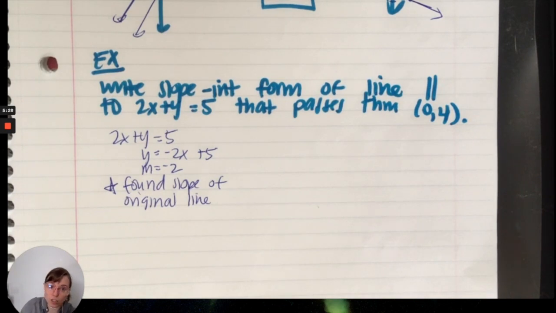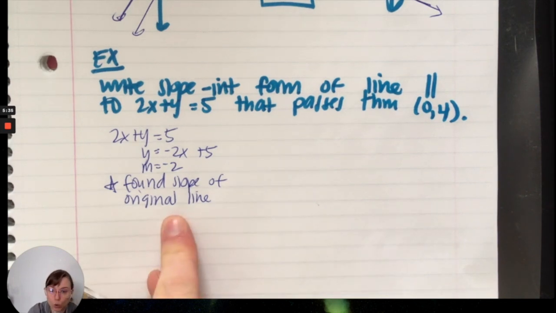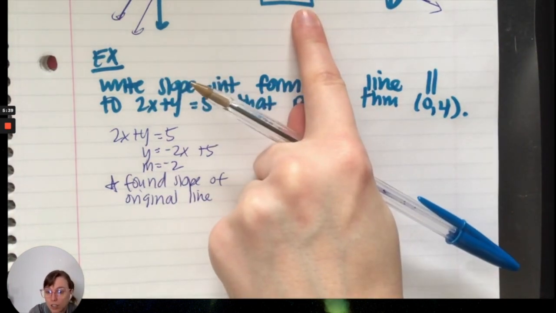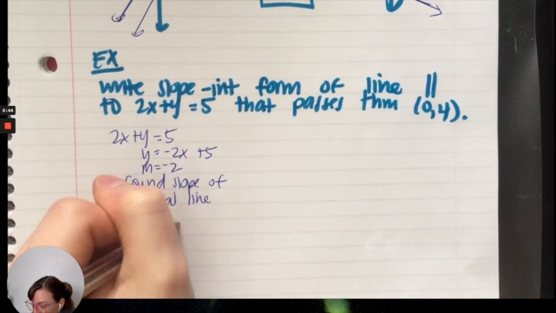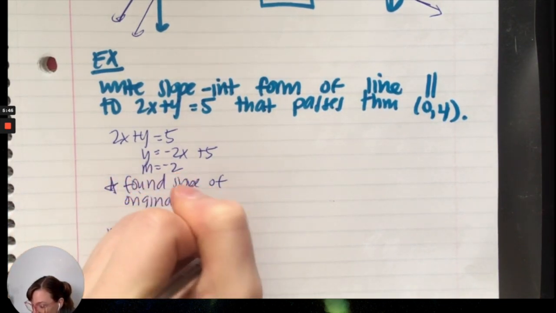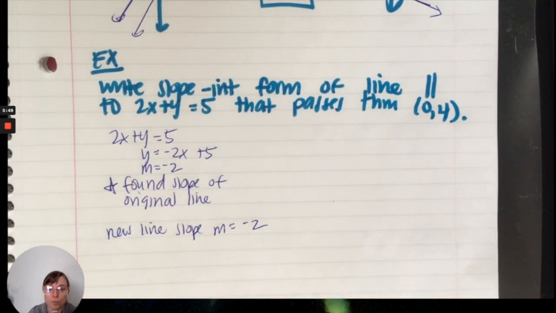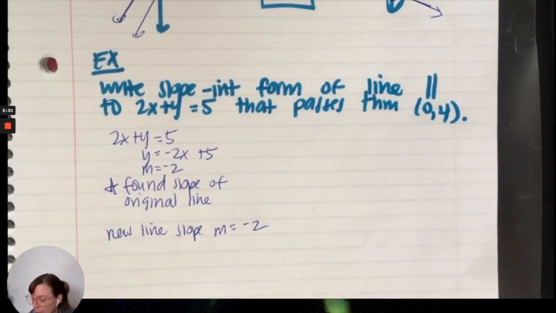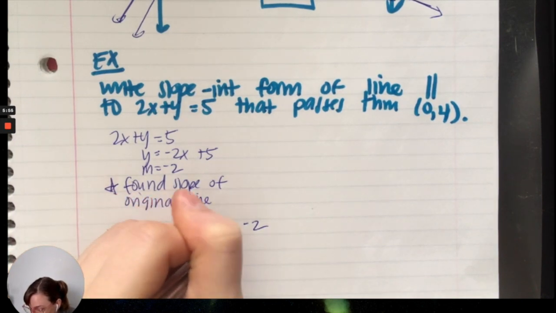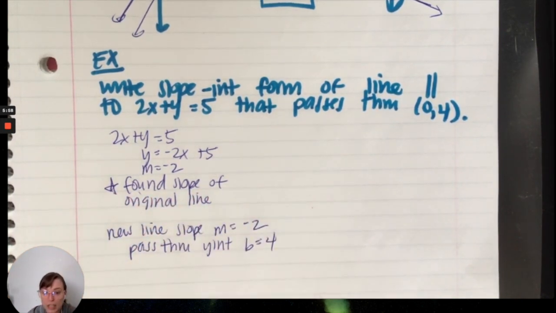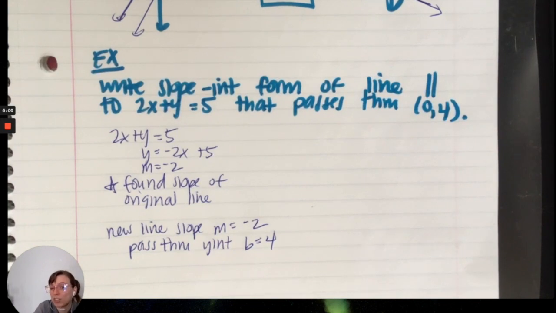Now, after I found the slope of the original line, I need to make my new line have a slope that is parallel to this original slope. But we know all parallel lines have the same slope. So that means my new line slope equals also -2. And it tells me to pass through a point. So my b will be 4. So they gave me a nice convenient point, which is nice.